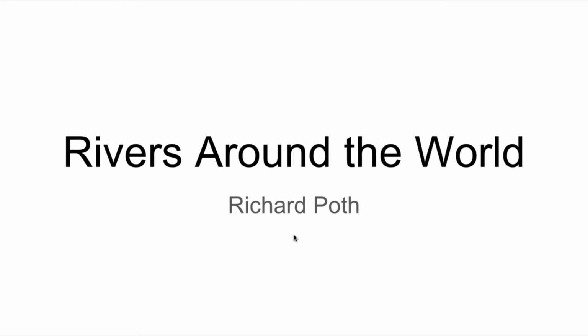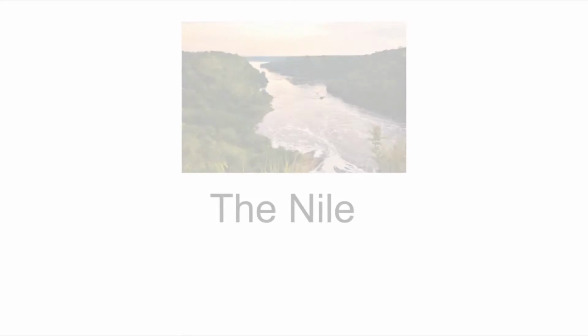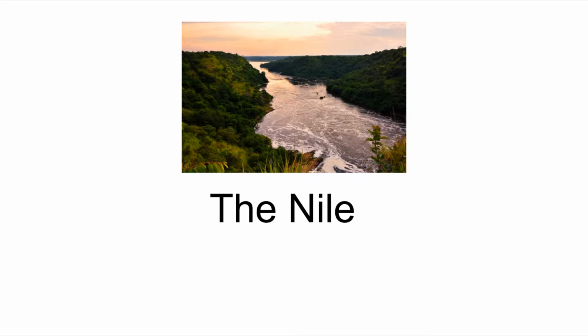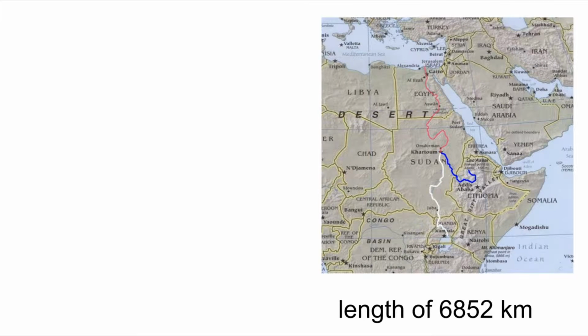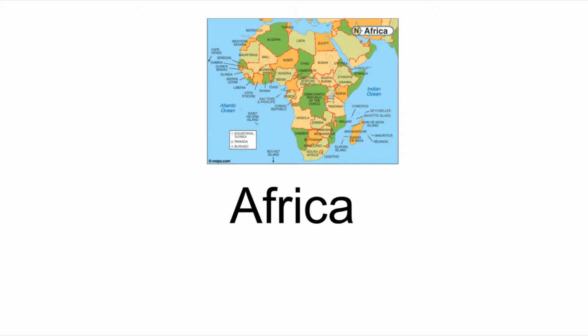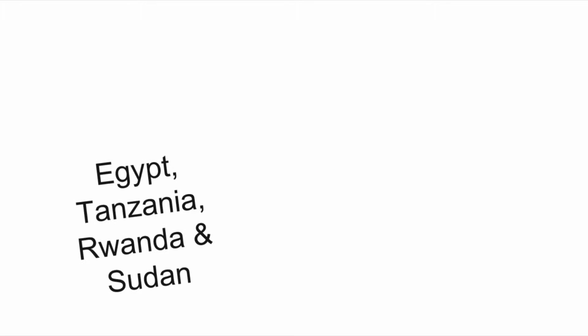This is my presentation on rivers around the world. The Nile is recorded as the longest river in the world. It has a total length of 6,852 kilometers, passing through 11 countries in the continent of Africa, including Egypt, Tanzania, Rwanda, and Sudan.